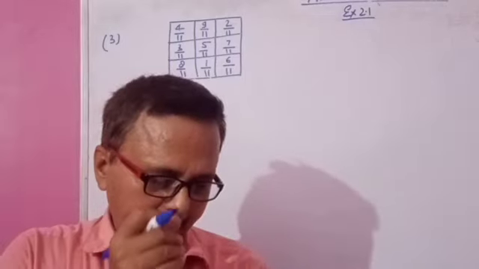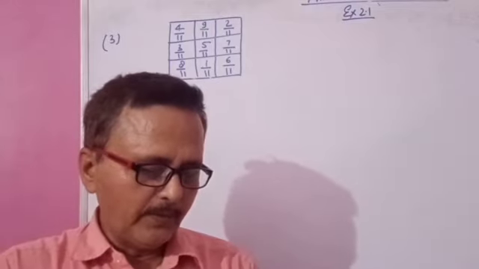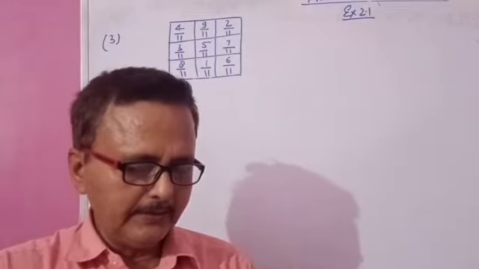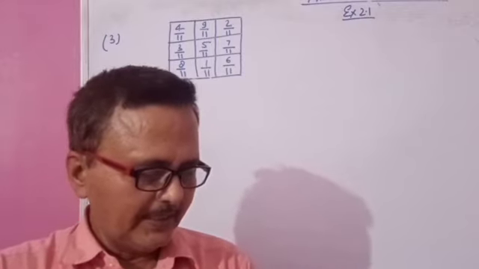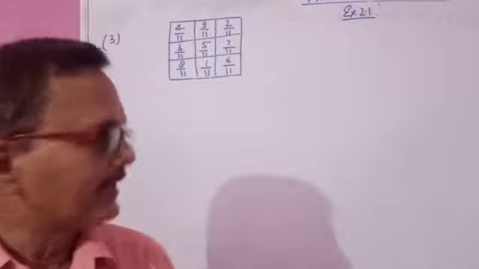Now question number 3. In a magic square, the sum of numbers in each row, in each column and along the diagonals is the same. Is this a magic square?